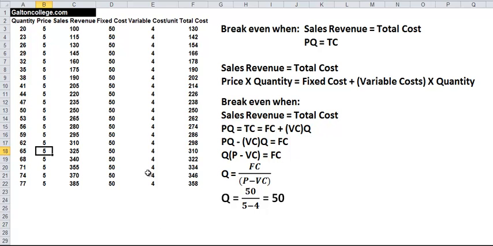VC is the variable cost per unit, which is 4. So it's 50 over 5 minus 4, which is just equal to 1. So 50 over 1 is equal to 50. So the quantity is 50, which is what we got from the graphical solution earlier.